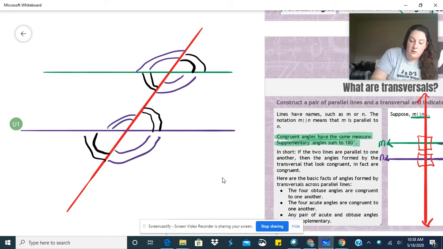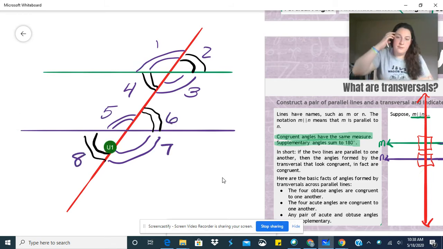So angles, you would have 1, 2, 3, 4, 5, 6, 7, 8.